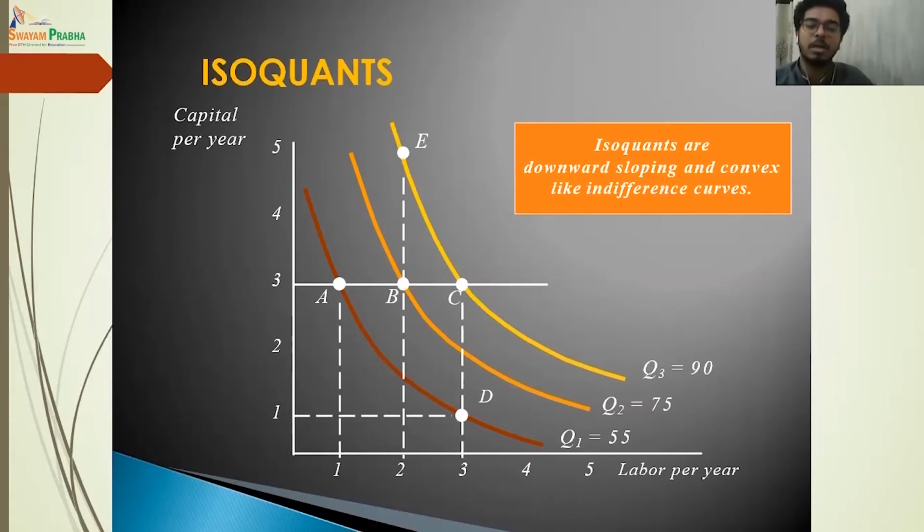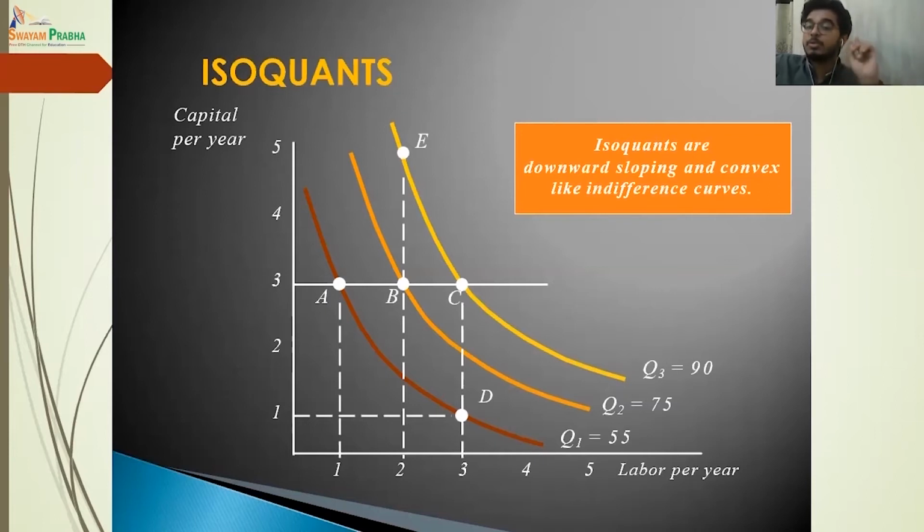The next one, my production increases from 75 to 90, that is 90 minus 75 equals 15. But keeping the capital same at 3, my labor has increased from 2 to 3. So that means with 1 extra unit of labor, my marginal product now is 90 minus 75, 15. So initially my marginal product of labor was 55 minus 0 with 3 capital. Okay, 55 minus 0, 55.